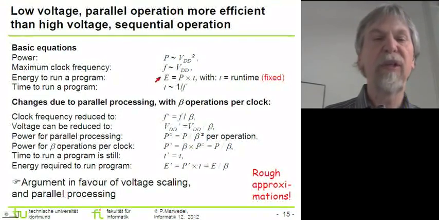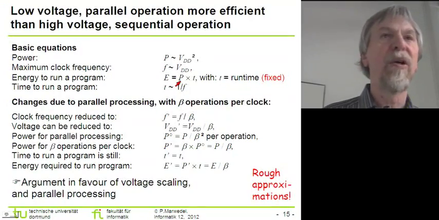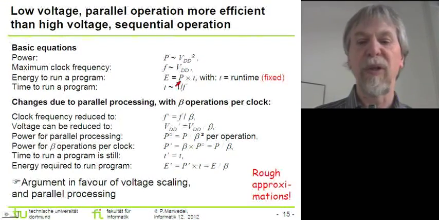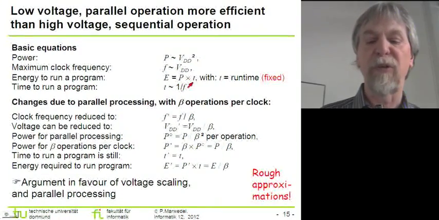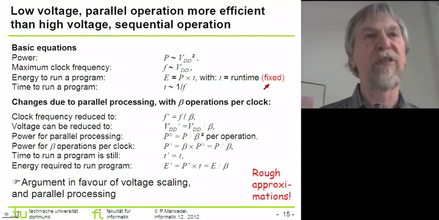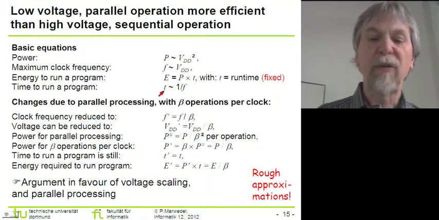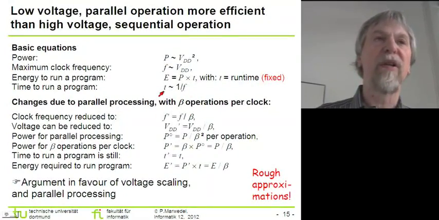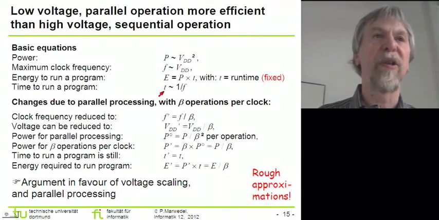And for this we need a certain energy, which is computed as the power, which in this case is assumed to be constant, times the runtime that is required for that application. And I'm assuming that we want to fix this runtime to a certain value.